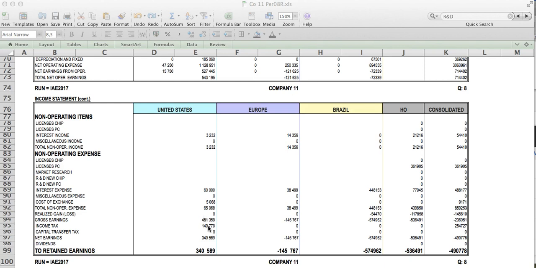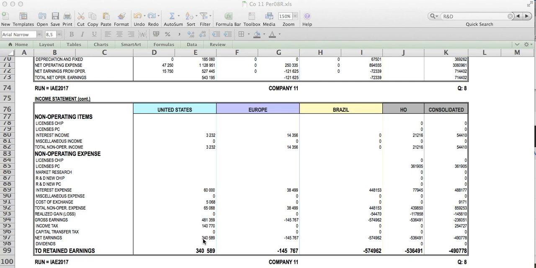Actually, it will pay in the next quarter, but still, it has to be accounted for in this quarter. Of course, there is no income tax in Europe because they made a loss, same in Brazil and in the home office, but nevertheless, on the global account, they have paid an income tax at the consolidated level. There is no capital transfer tax here.